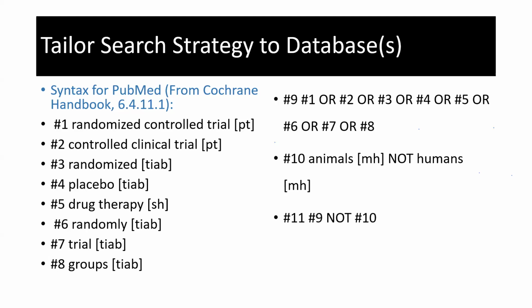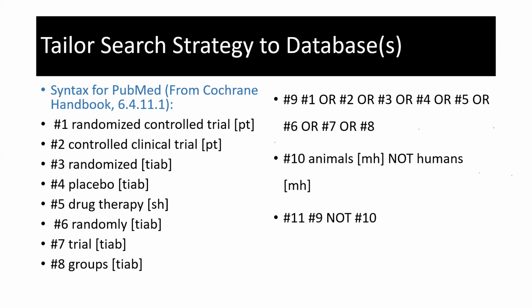If you have ever done this kind of search on PubMed or other databases, they combine the terms or broaden the scope, because when we say number 1 or 2 or 3 or 4 or 5 or 6 or 7 or 8, that means we need all of them. So we want the search engine to look into randomized controlled trial, controlled trial, randomized, placebo, drug therapy, randomly, trial, and groups, all of that.